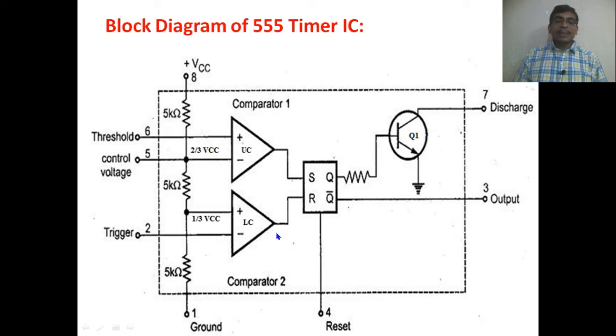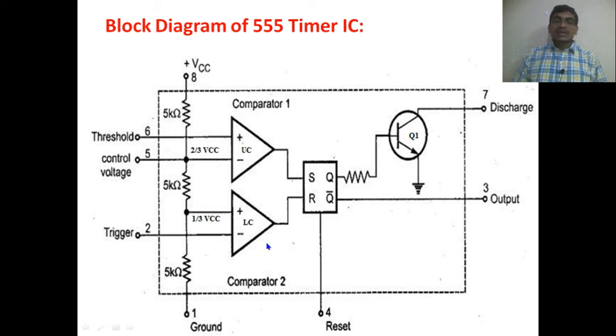And for the second comparator, the lower comparator LC, the non-inverting terminal is given 1/3 VCC, which means it was joined after the second resistor, and the inverting terminal of this lower comparator is directly given to the second pin of the IC, which is called trigger.